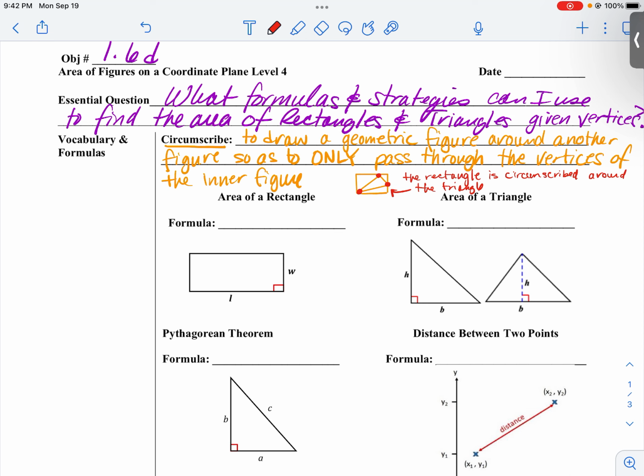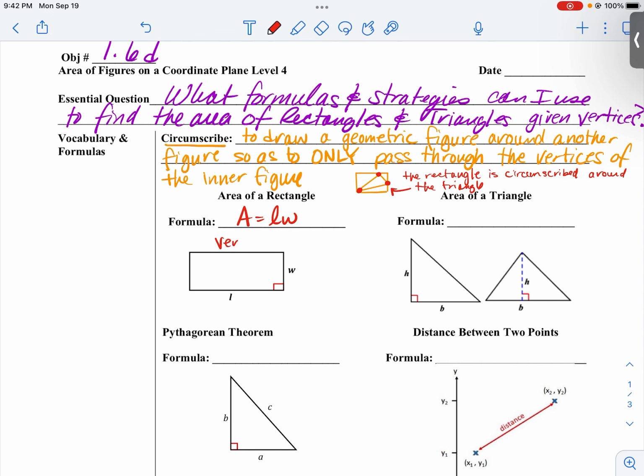So, let's talk about some basic formulas, things we've been doing for a long time in math. Area is length times width. Remember that these are vertices right here, here, here, and here.